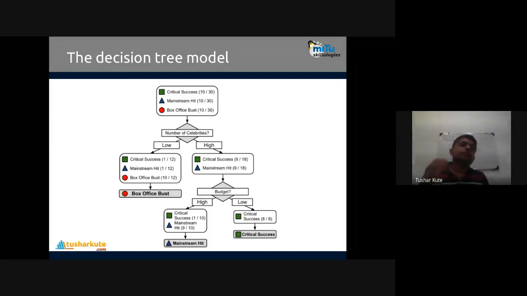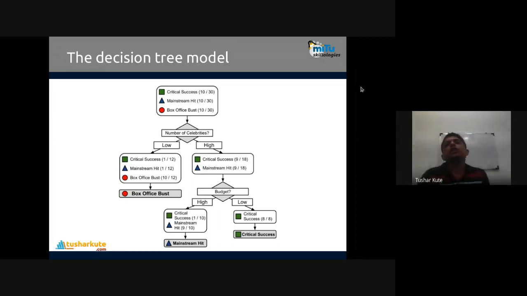For example, the number of celebrities is high and budget is also high. So when celebrities are high, we'll go from here to here. Then budget is high, we'll travel from here to here. Now you can see it's a mainstream hit.